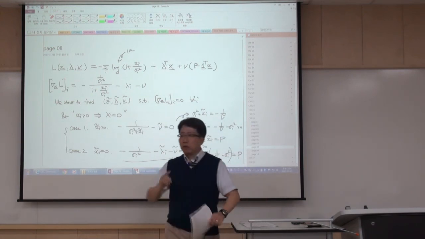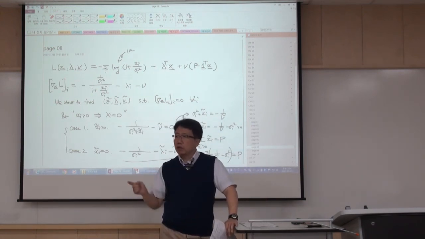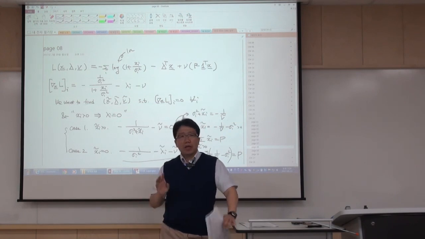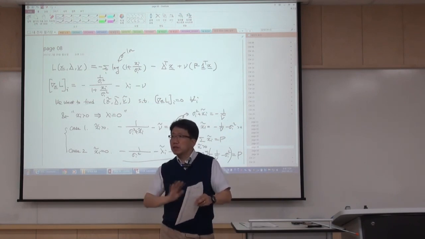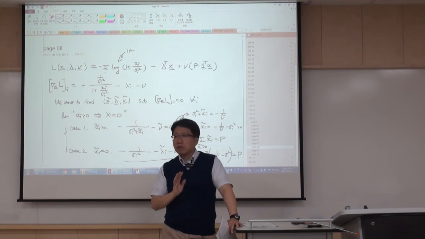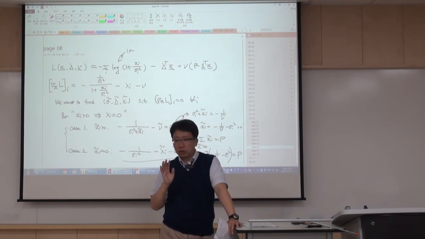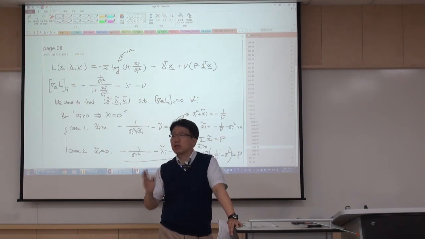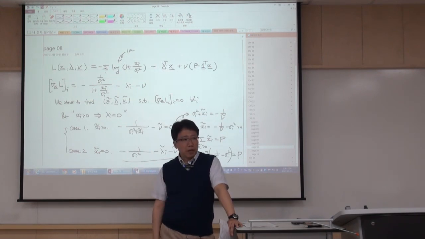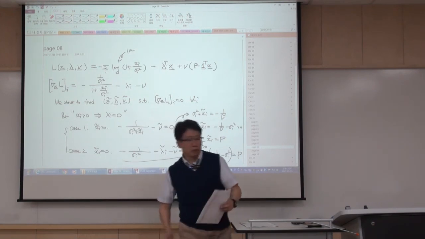Then we move to the next chapter of our textbook that explains the meaning of Lagrange multipliers, sometimes called KKT multipliers. And we will study the multi-criterion optimization problem and some variational problems, and then finish this course. Okay, that's all for the day.